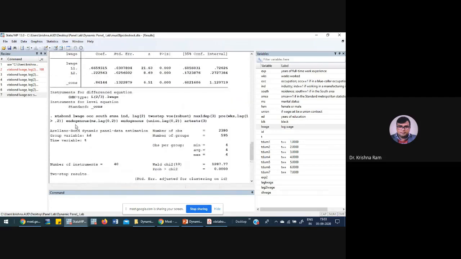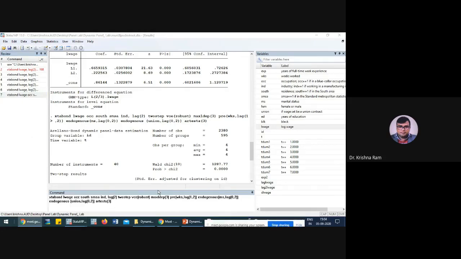And in this, let's first see what this command means. As usual, log of wage one is the dependent variable. These are the independent variables, and all these independent variables are strictly exogenous.